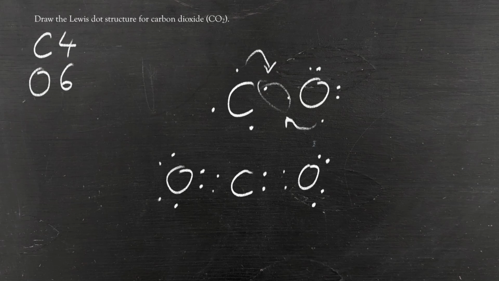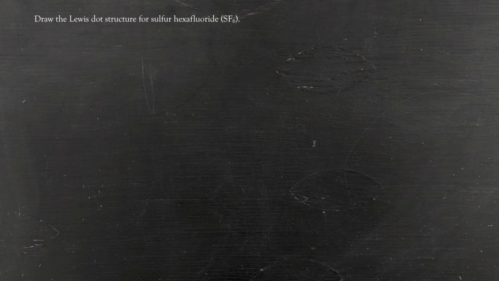There are no electrons that are unpaired, and everything is stable. We have a carbon-oxygen double bond on each side. So we could also draw this like so.